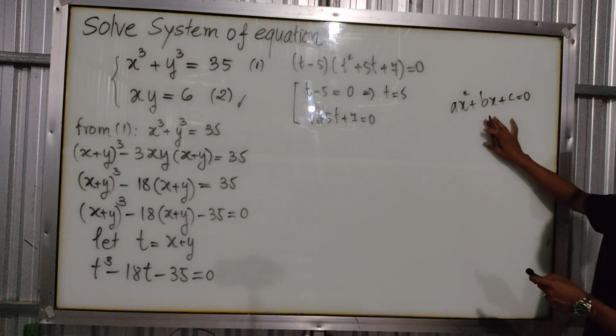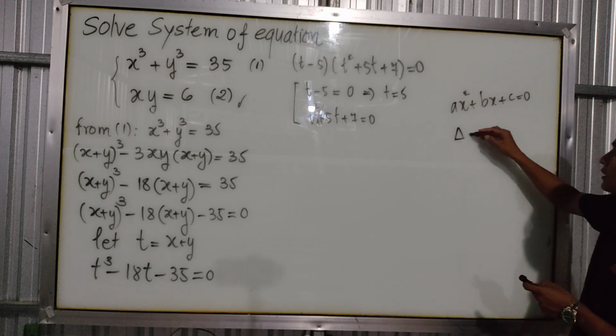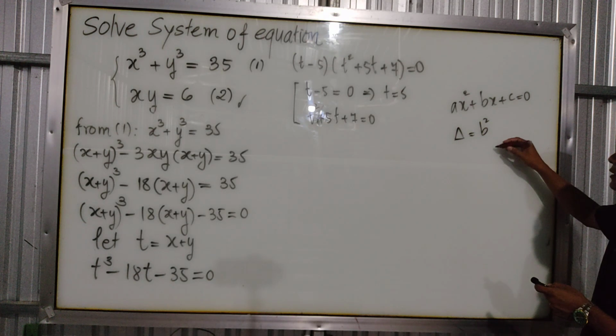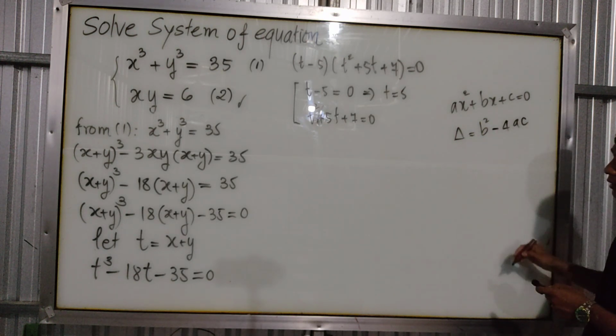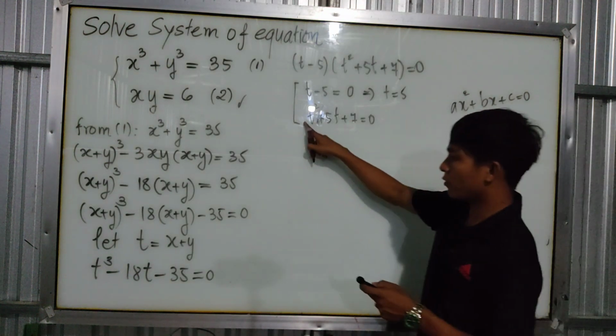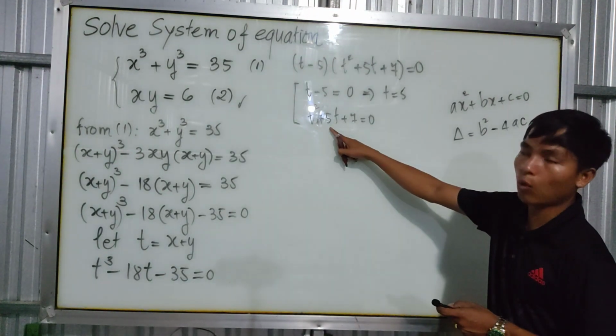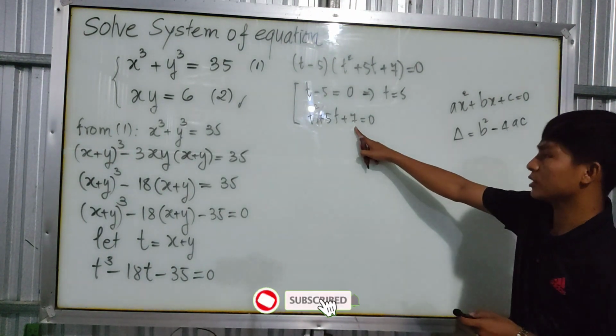To find the roots, we use the discriminant: delta is equal to b squared minus 4ac. Here a is equal to 1, b is equal to 5 and c is equal to 7.